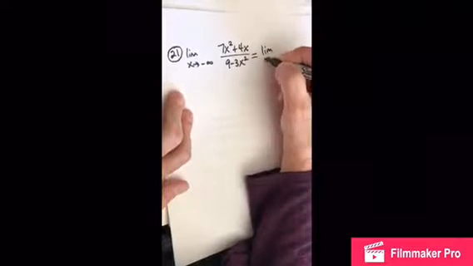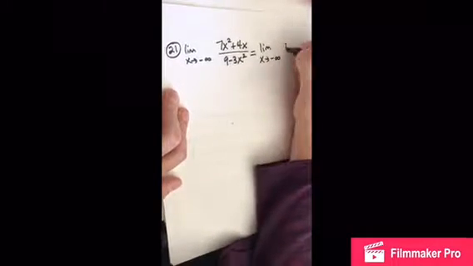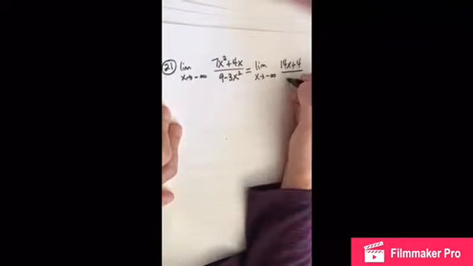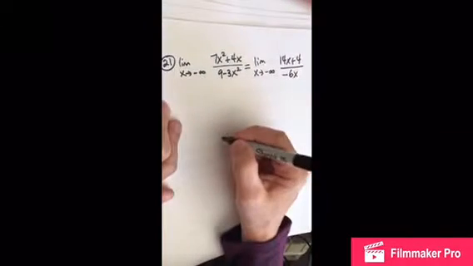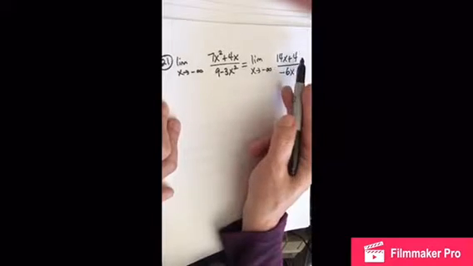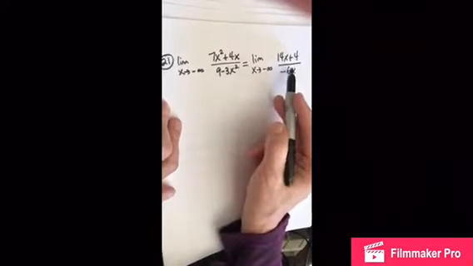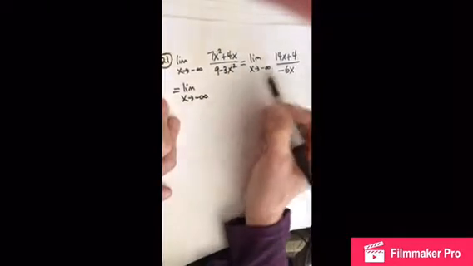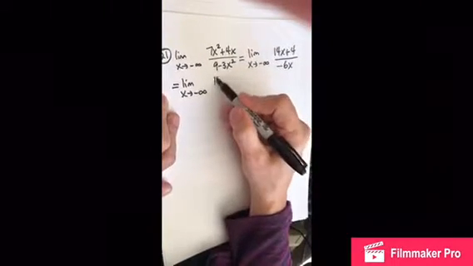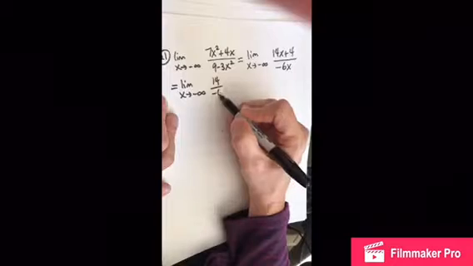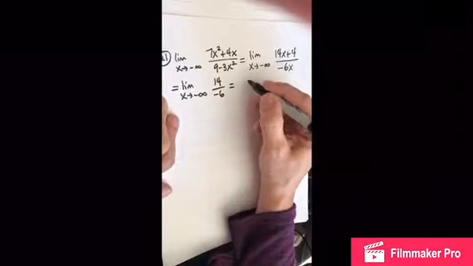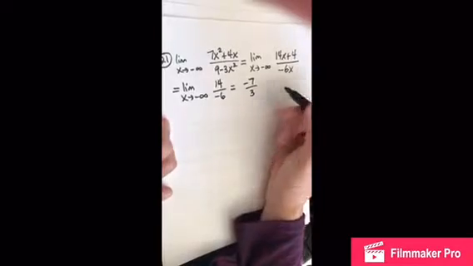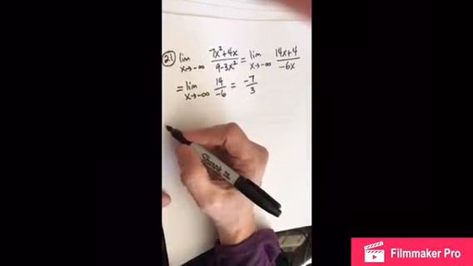So we just take the derivative of the numerator, which is 14x plus 4, over the derivative of the denominator, which is negative 6x. But we notice that we get L'Hopital's rule requirements again. So we have to use L'Hopital's rule again. Derivative of the numerator is 14. Derivative of the denominator is negative 6. So your answer is negative 7 over 3 for that one. So you had to use L'Hopital's rule twice on that one.